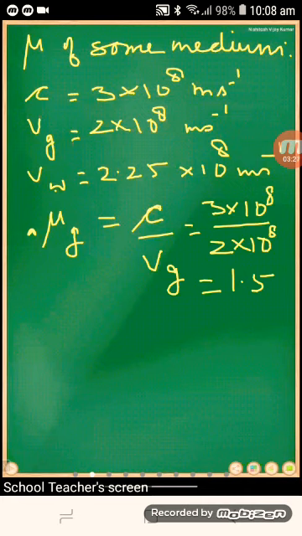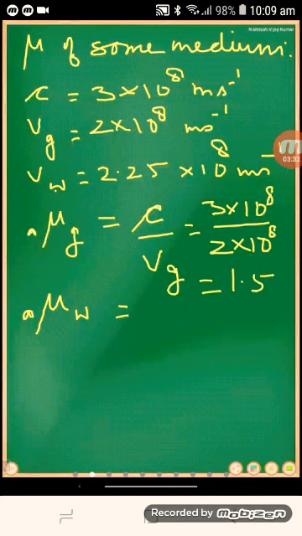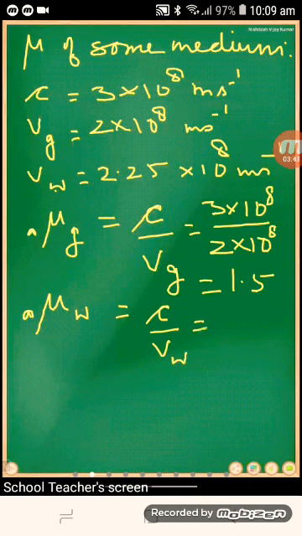Similarly, if we try to find out the refractive index of water, again with respect to air, this will be c upon v, the velocity of light in air or vacuum upon the velocity of light in water.